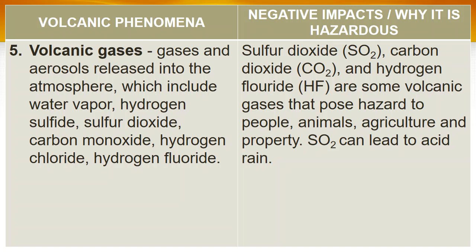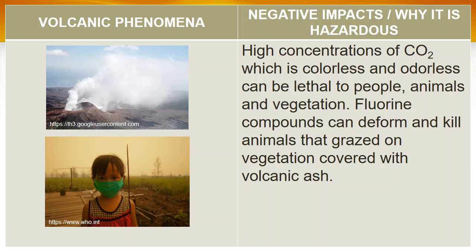Sulfur dioxide can lead to acid rain, and high concentrations of carbon dioxide, which is colorless and odorless, can be lethal to people, animals, and vegetation. Fluorine compounds can deform and kill animals that graze on vegetation covered with volcanic ash.